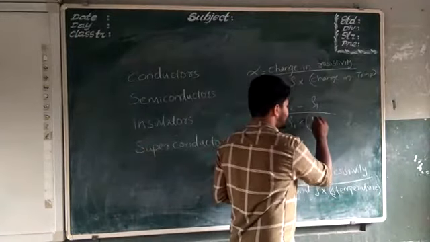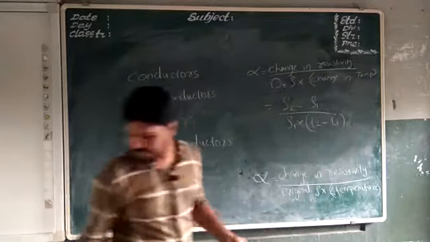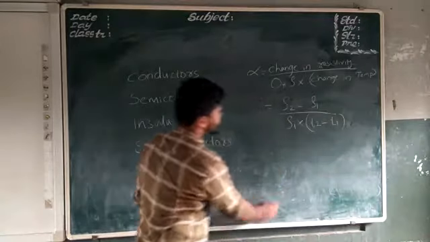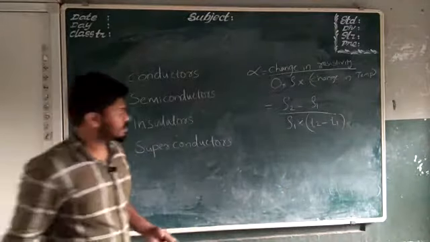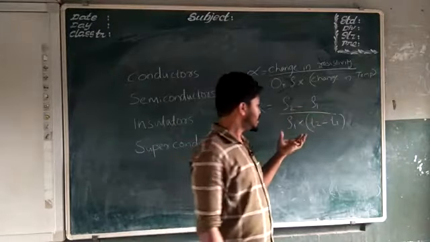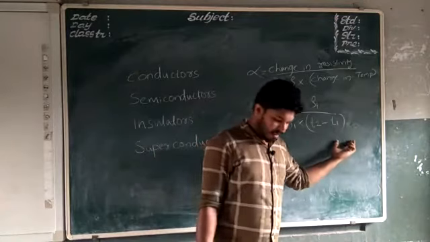So the change in temperature is T2 minus T1. This is the equation for the temperature coefficient of resistivity: alpha equals ρ2 minus ρ1 divided by ρ1 into T2 minus T1.